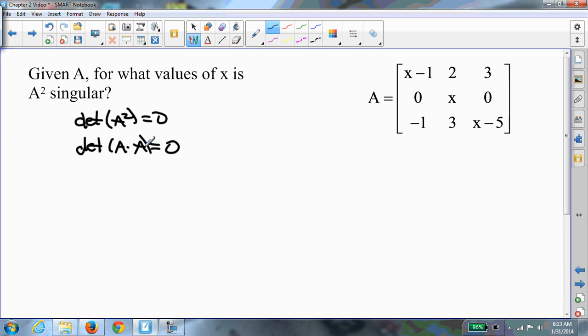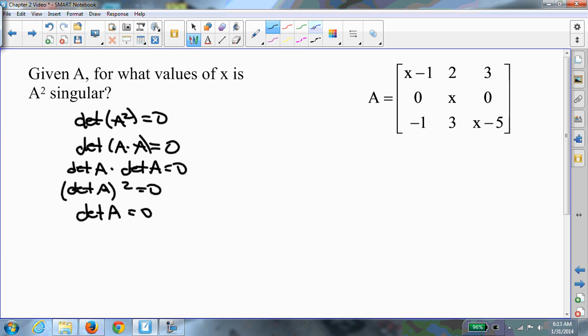And we had the property that the determinant of a product of matrices is the same as the product of each individual determinant. So this is the same as the determinant of A times the determinant of A. So basically, all I need to do is find when the determinant of A squared equals 0, i.e. the determinant of A equals 0.